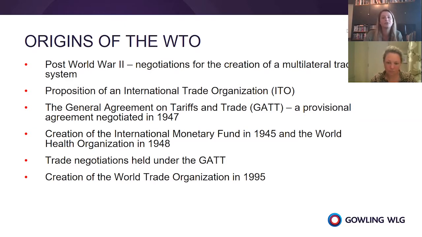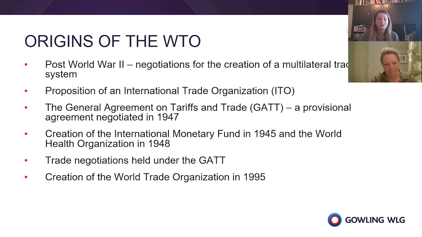This led to a provisional agreement being negotiated, the General Agreement on Tariffs and Trade, the GATT. The GATT was intended to preserve the tariff reduction commitments of parties until such time as the ITO was established. However, the GATT ended up becoming a permanent framework for the multilateral trading system and was considered to be the default basis.